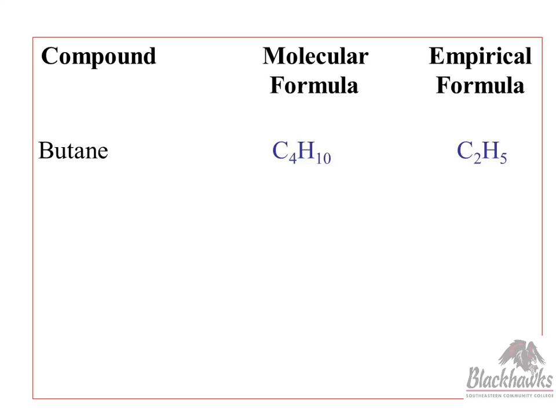So the empirical formula is always the lowest amount you can reduce it to? Right, exactly. And sometimes you can't reduce it, like water. You have subscripts of 2 and 1, and you can't divide by an integer and get a different set of integers. So the molecular and empirical formula for water is both H2O.